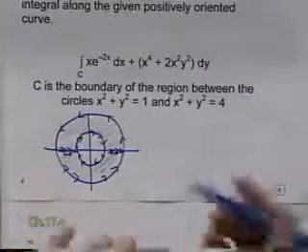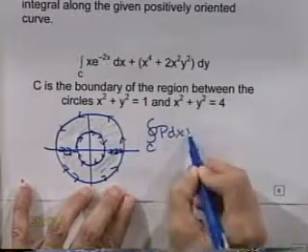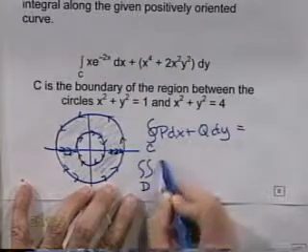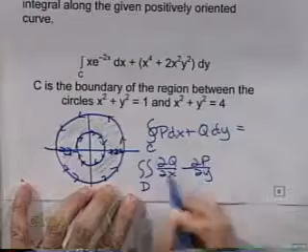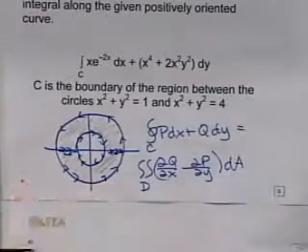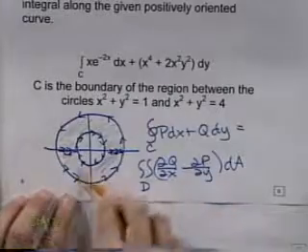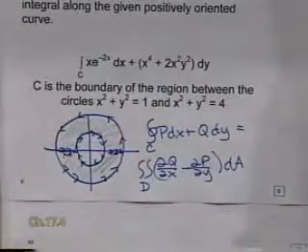And what we just proved a few minutes ago, the integral over that curve of p dx plus q dy is again equal to the integral over D of partial of q with respect to x minus partial of p with respect to y dA, where D is this annulus, the region that's determined by those two circles.